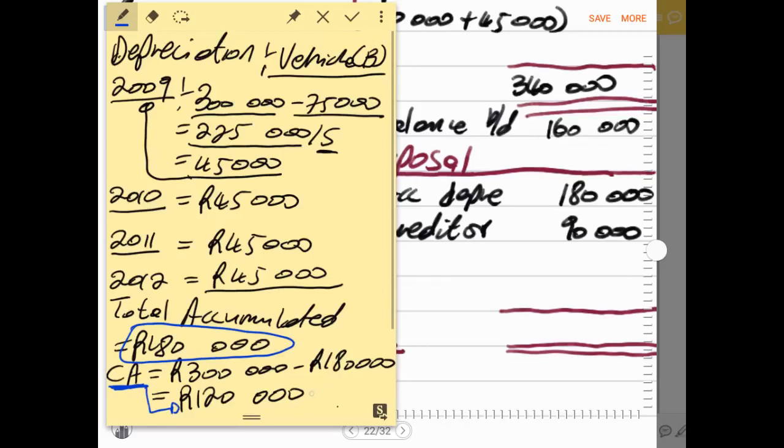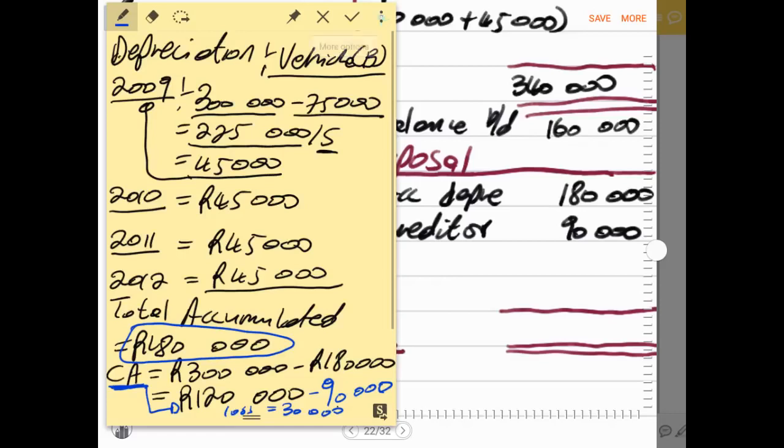But we gave away this asset at the value of 90,000 rands instead of its value of 120,000 rands. It obviously means that 120,000 minus 90,000 rands will give us a loss of 30,000 rands. Hence we have a loss of 30,000 rands.